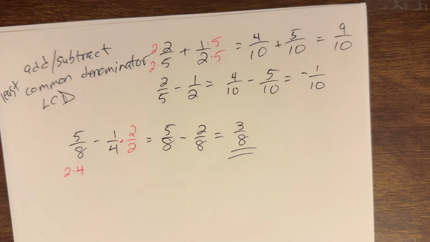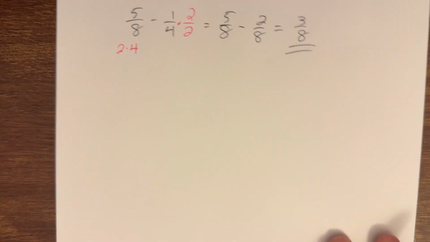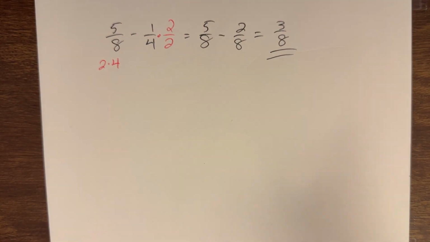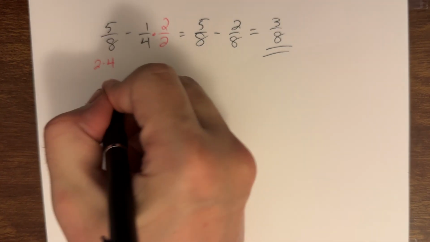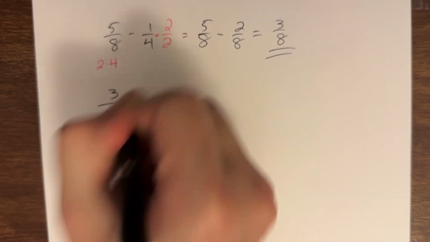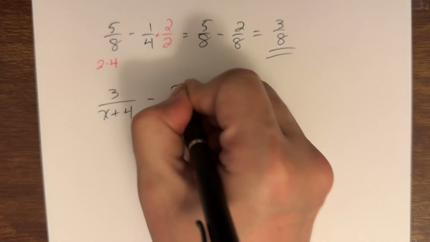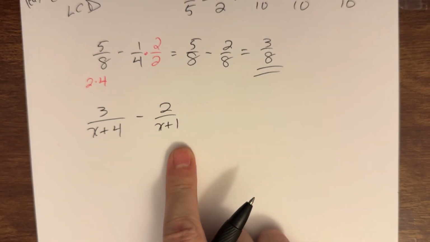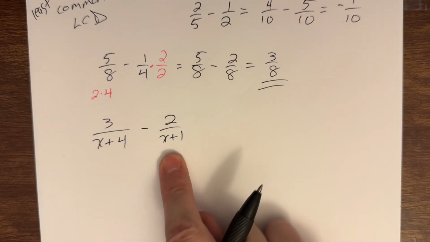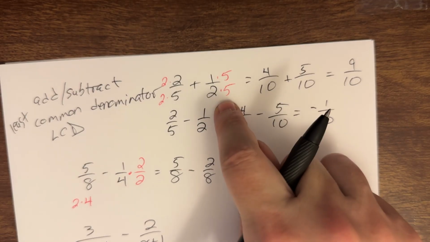Okay, now let's see how that works with algebraic expressions, how it's the same, but how we get used to it. So let's start off, number 1, with 3 over x plus 4 minus 2 over x plus 1. This is the version that's just like this.